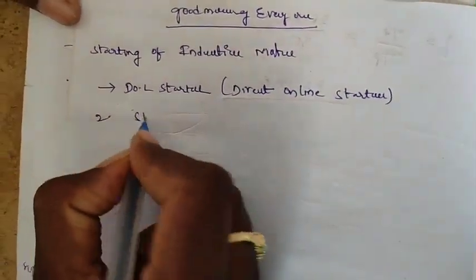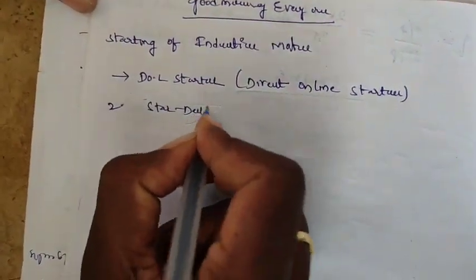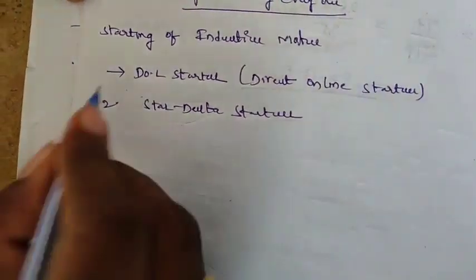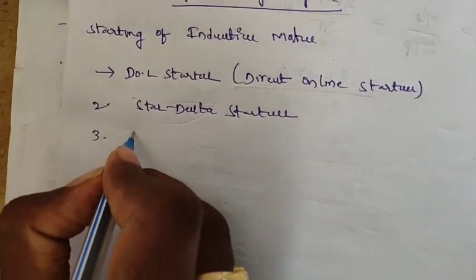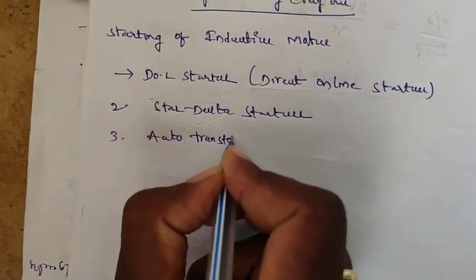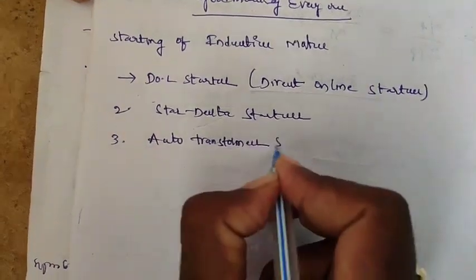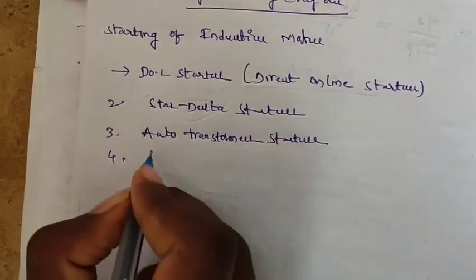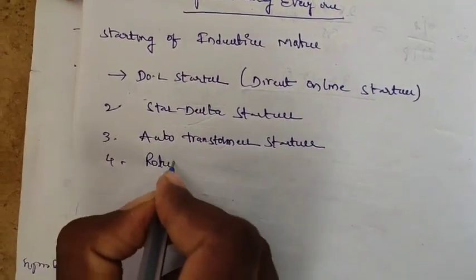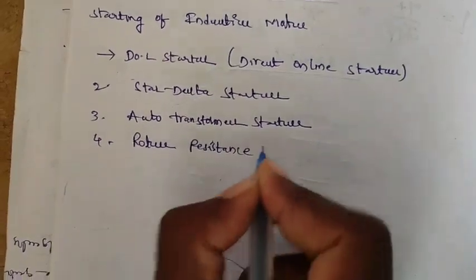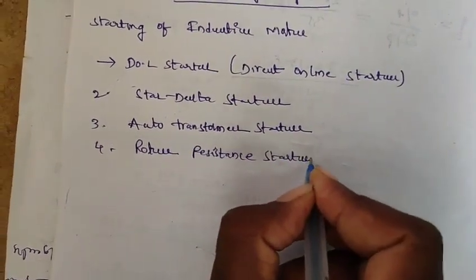Second one is star delta starter. Third, auto transformer starter. Fourth one is rotor resistance starter.